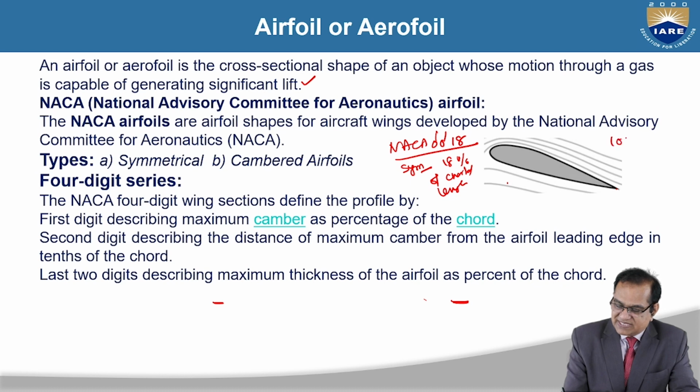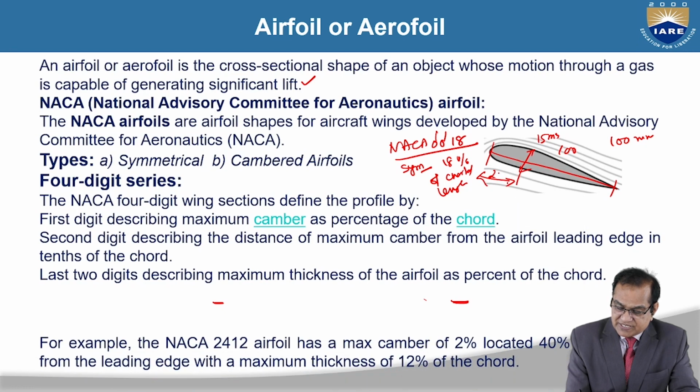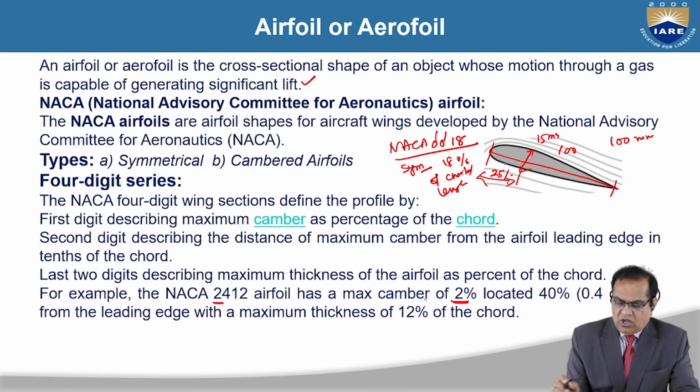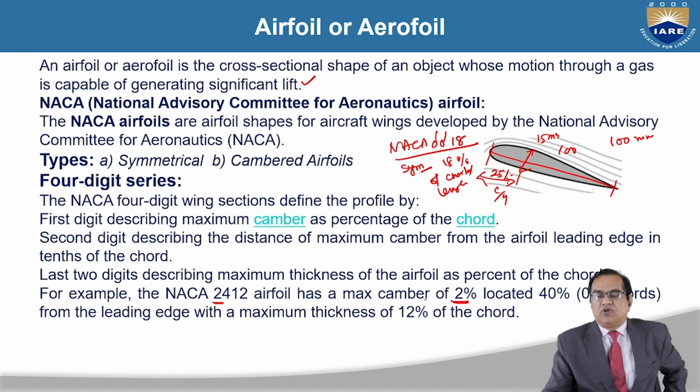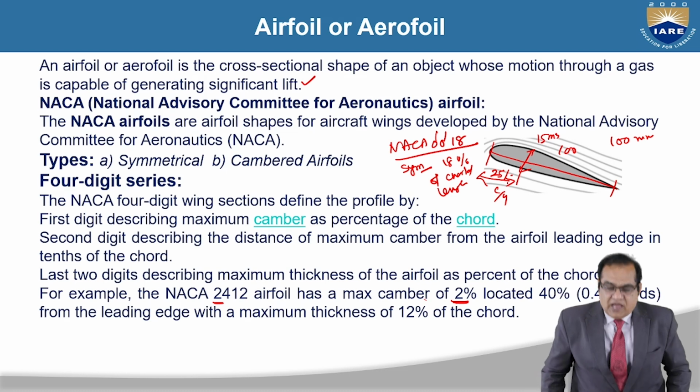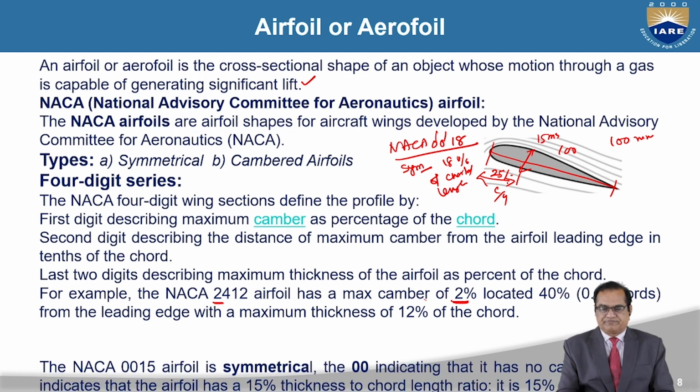If 100 millimeter is the chord length from here to here, then your maximum thickness will be 18 millimeter, and this location is at 25% of the chord, because it is C by 4. It will act at C by 4. So that is the beauty of this airfoil: by the number you can understand how much is required for this.